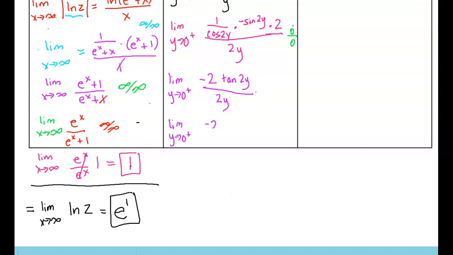So I get -2. The derivative of tangent is secant squared of 2y times the derivative of its inside, which is 2. The derivative of 2y is 2. And so now it should end up that this is not indeterminate because we have a 2 on the bottom. I would rewrite this so we get -4 over secant, which is cosine squared, all over 2.